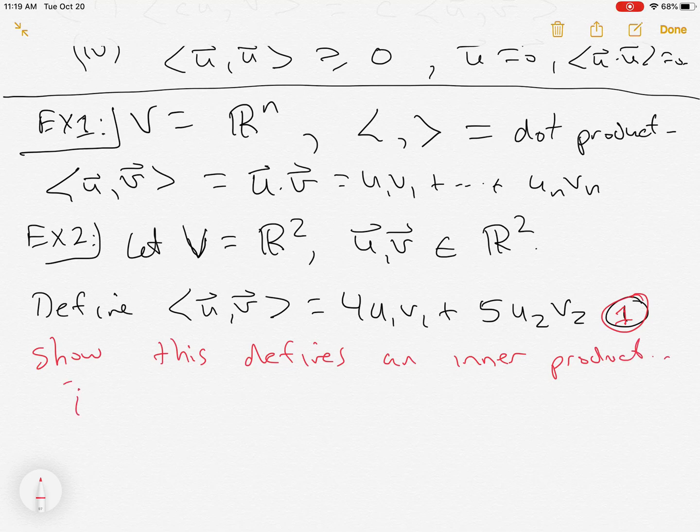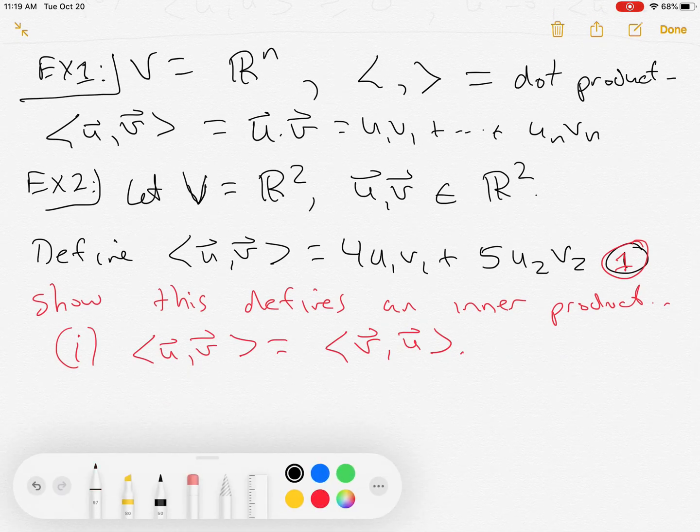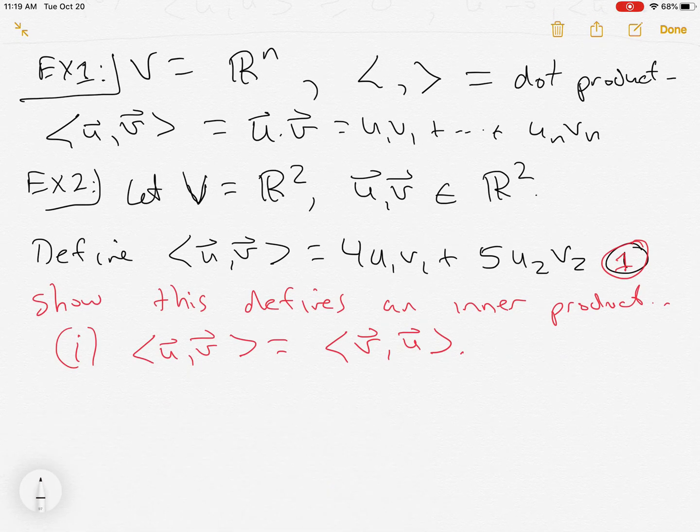So 1, we want to show that the inner product of u and v equals the inner product of v and u. That's called symmetry. Right, so now we do a computation.